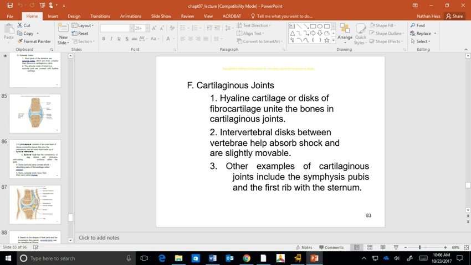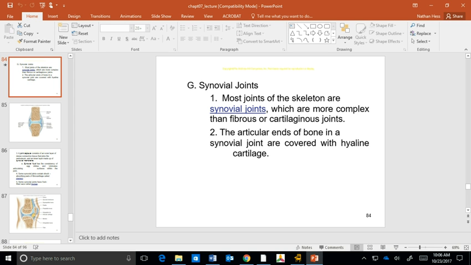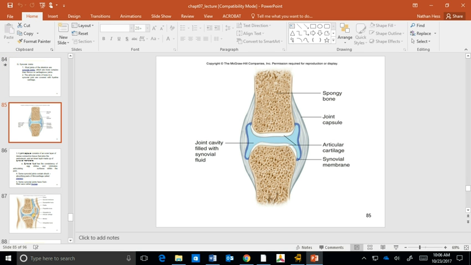Let's keep going here. Last but not least, we have synovial joints. And the synovial, what that means is you actually have fluid that encapsulates that joint. So here's a picture of one of your fingers, right? Two phalanges on either side, and you have space in between them.